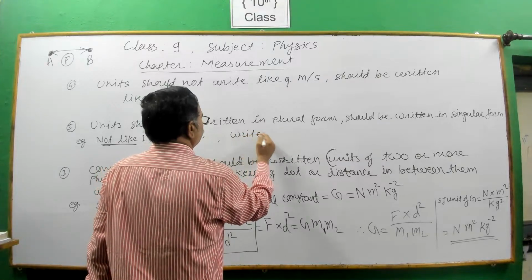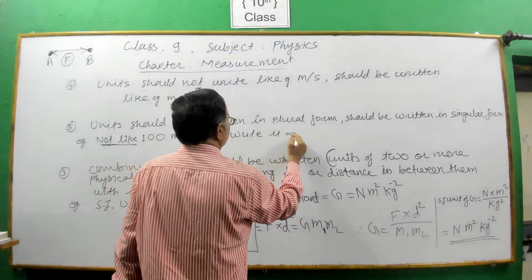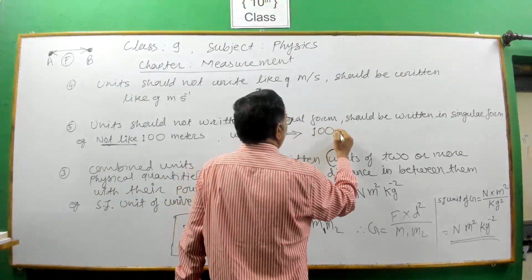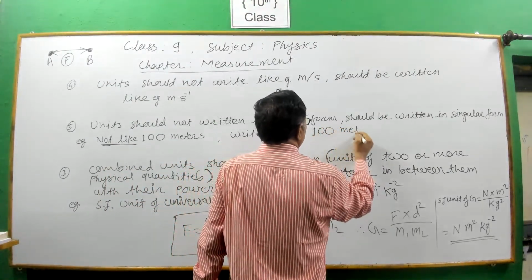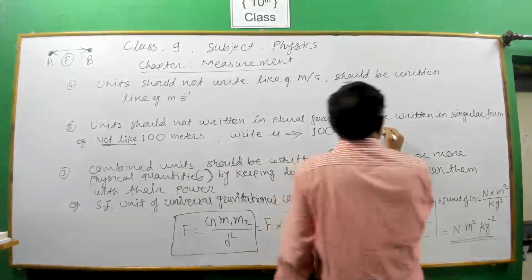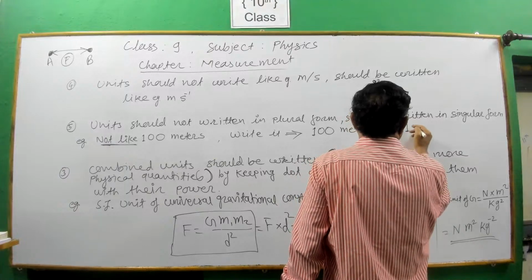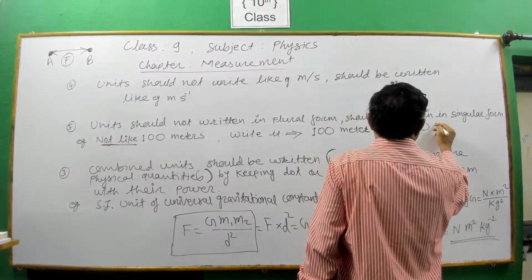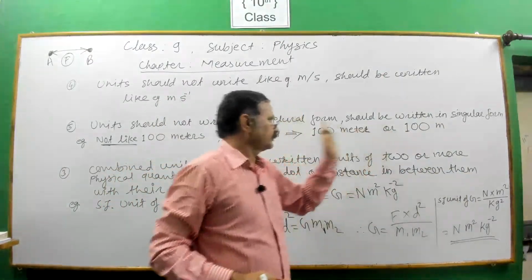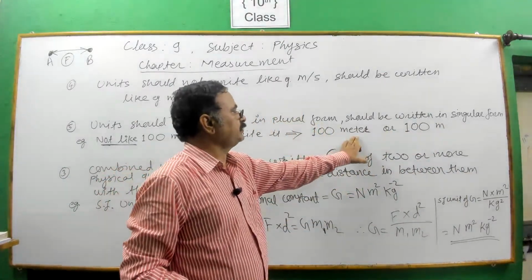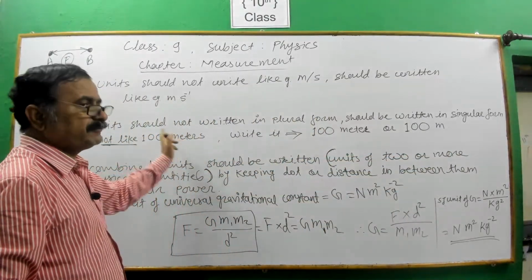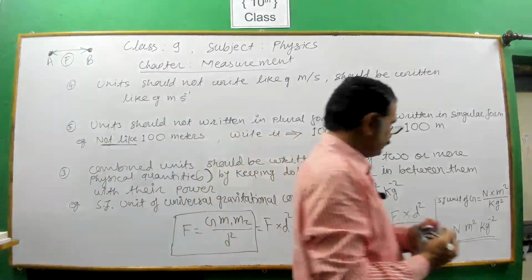Write it. फुल फॉर्म में लिखा है 100 मीटर. 100 मीटर. शॉर्ट फॉर्म में अगर लिखा, फुल फॉर्म में लिखा तो ऐसे लिखो, शॉर्ट फॉर्म में लिखा तो ऐसे लिखो. देखिए, मीटर्स plural form में नहीं लिखना है. लिखना है क्या बच्चों?